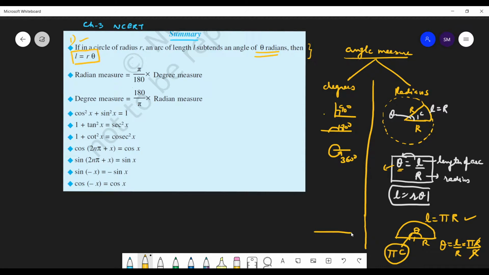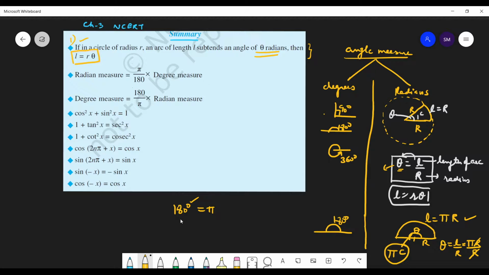And here you know that this angle is 180 degrees. So 180 degrees equals pi radians. Whether you write this small c or not doesn't matter; it means it is radians. If it is in degrees, then you have to write degree. If it is radian, you don't need to write anything.